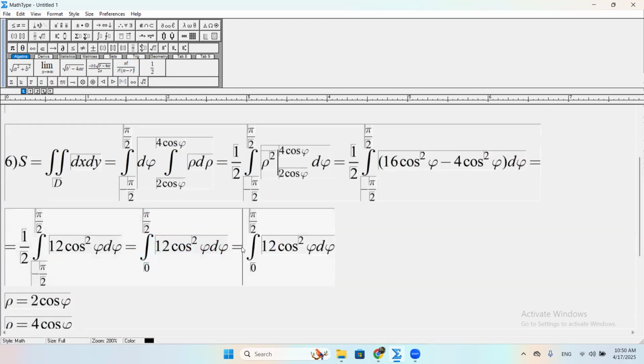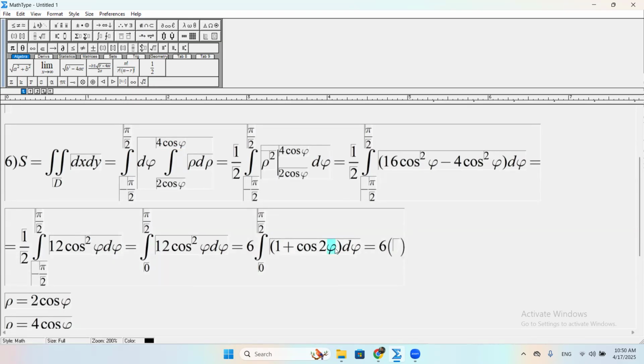So we will have 6, and under the integral 1 plus cosine of 2 phi d phi, and it is simple to integrate.